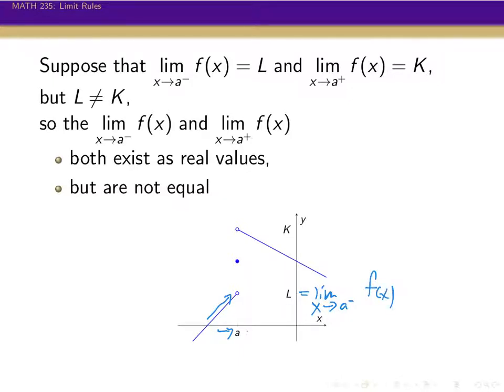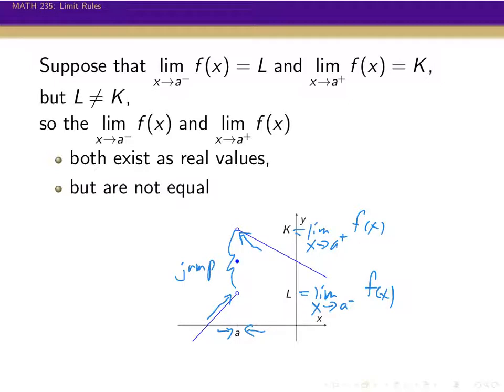But when we approach from the right, the function is going to some other value. This K here is the limit as x goes to a from the right of f of x. And there's this gap between them, and we're going to call this gap a jump.